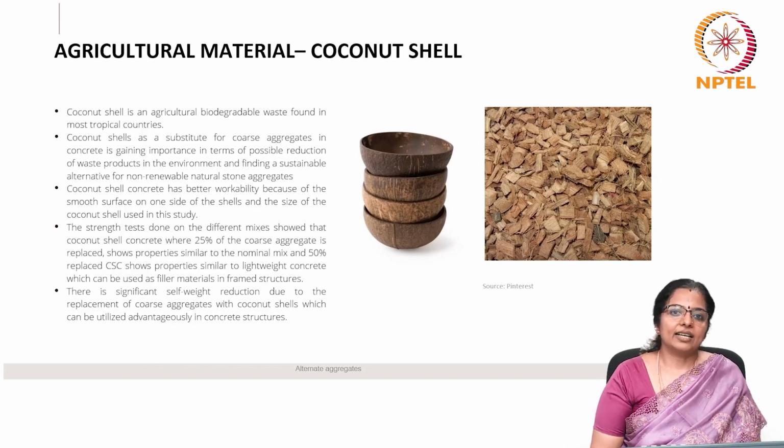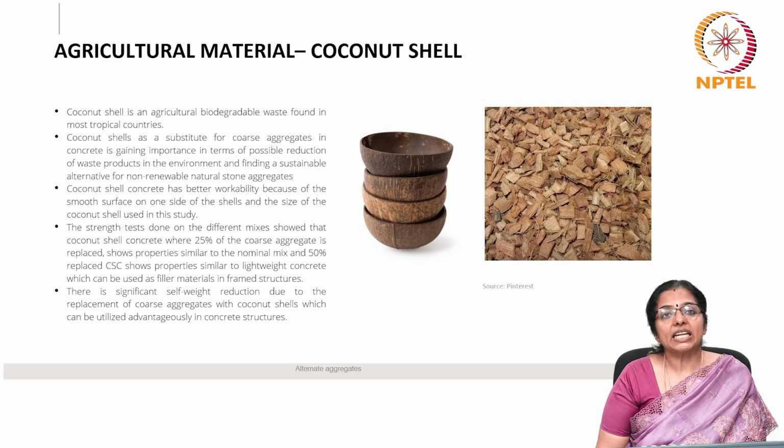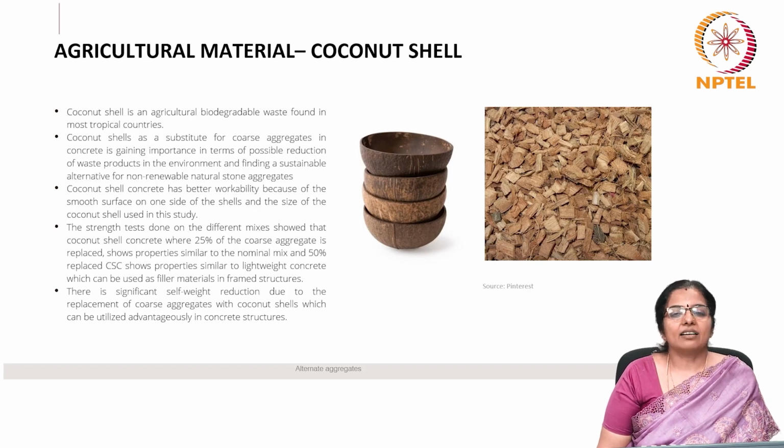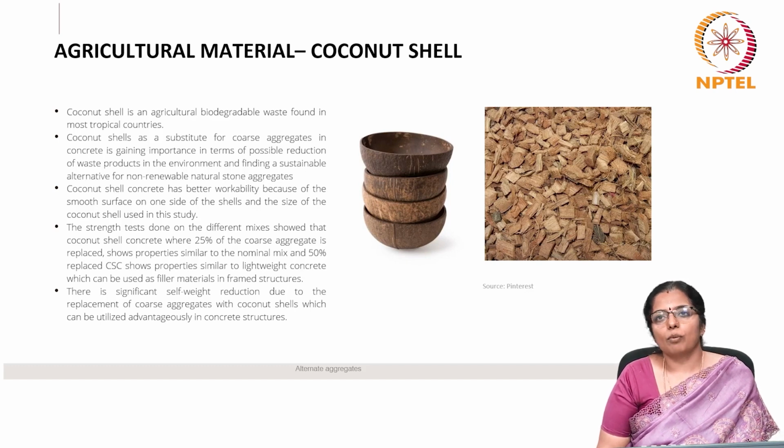Let us now look at an innovative material, which is agricultural waste: coconut shell. So, coconut shell is an agricultural biodegradable waste found in most tropical countries, including India.